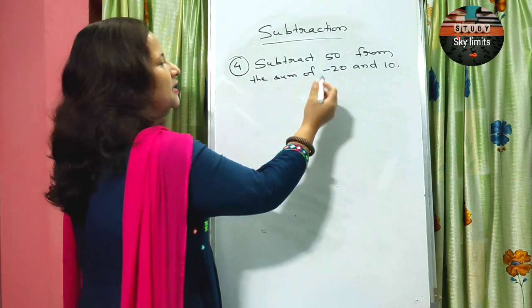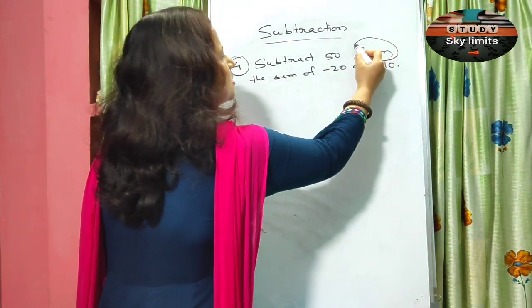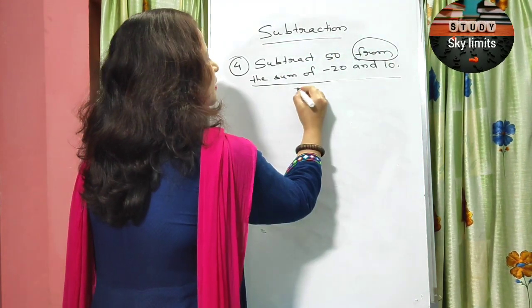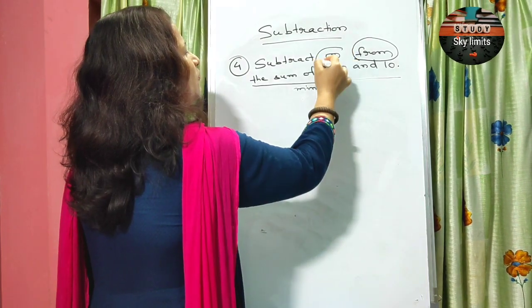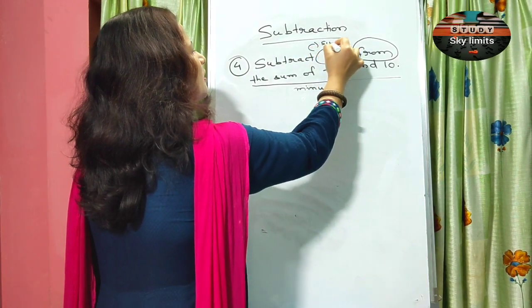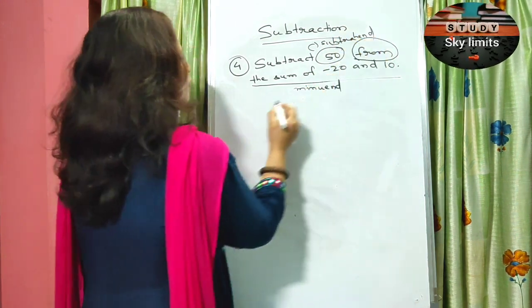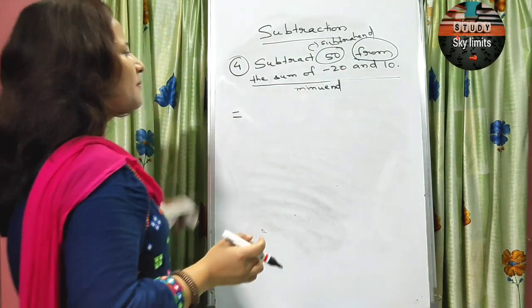So obviously here in this case, I told you the word from is very important. After from, whatever comes is your minuend, and before from, whatever comes is your subtrahend. And obviously you should write the minuend first. And what is the minuend?